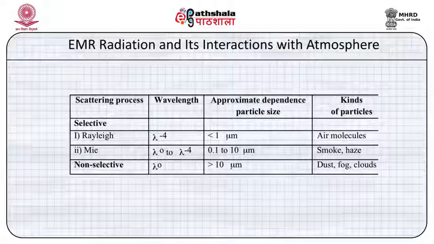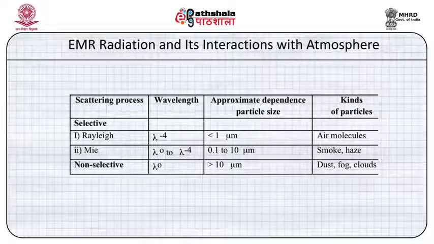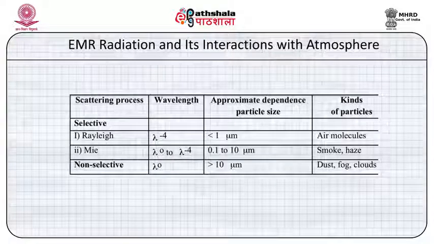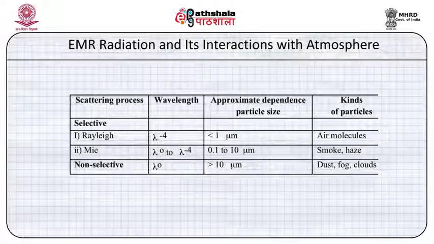The approximate dependence on particle size: in Rayleigh scattering, the particle size is less than 1 micrometer, and in Mie scattering the particle size is 0.1 to 10 micrometer. Non-selective scattering takes place within the wavelength region of lambda, and the approximate particle size is more than 10 micrometer.